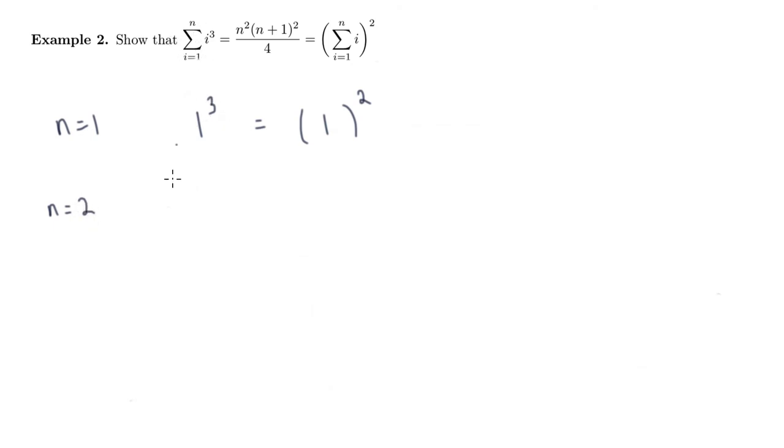So the left-hand side is saying 1 cubed plus 2 cubed equals 1 plus 2 all squared. Okay, is that true? Well, 1 cubed is 1, 2 cubed is 8.